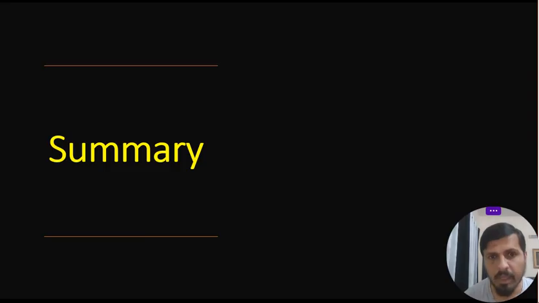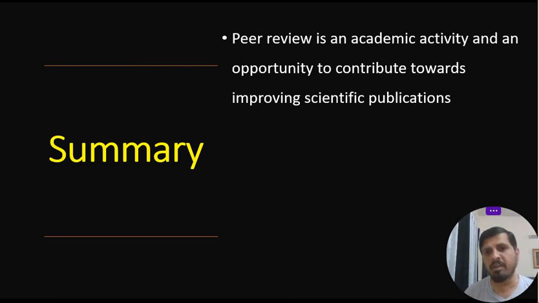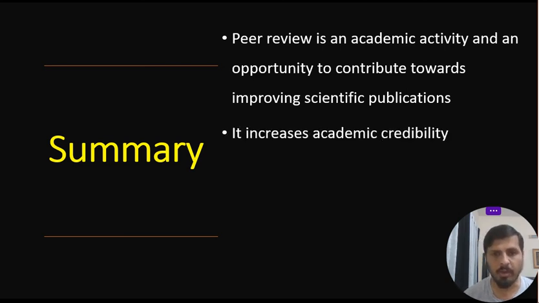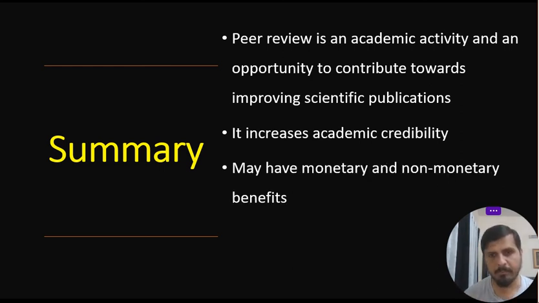It's very, very important. So the summary of the presentation is that peer review is an academic activity and a very good opportunity to contribute toward improving the quality of scientific publication all around the globe. It increases your own academic credibility, especially if you make your online digital profiles and you register every peer review that you do over the years.